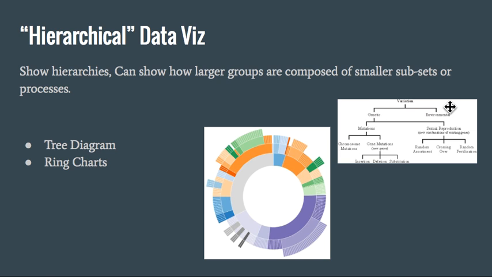The kingdom would be the biggest one, and then it breaks down into phylum, etc. Ring charts, you've probably seen these. These also can often be hierarchical data visualizations because, again, it's based on a 100% whole and it's broken down into these sections.